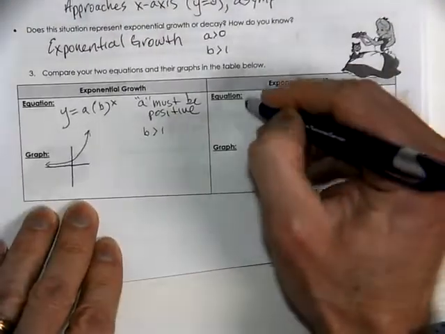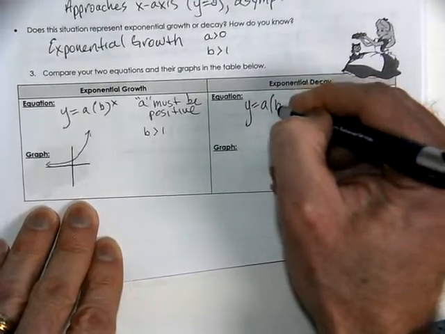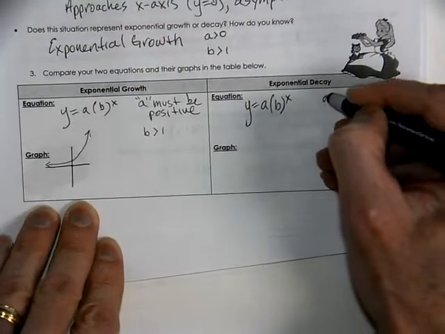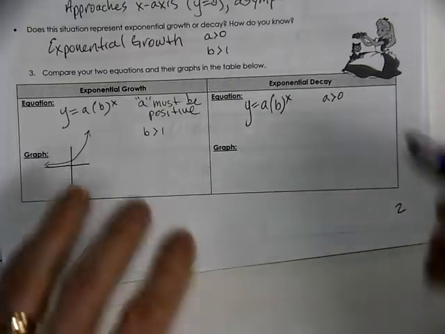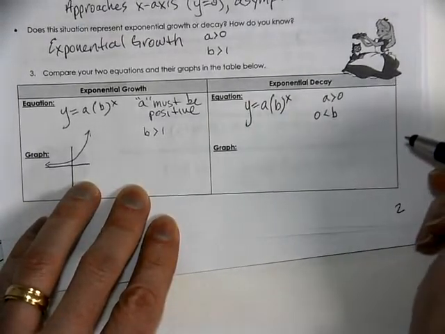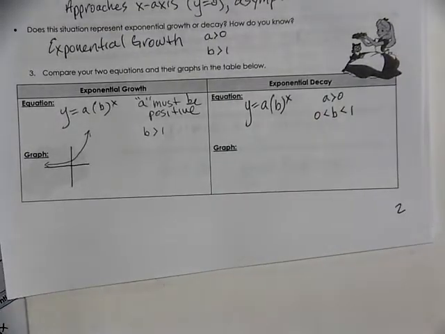Exponential decay is the same model. Where a has to be a positive number, it has to be greater than 0, and the b value is going to be greater than 0, but it would be less than 1 if it was exponential decay.